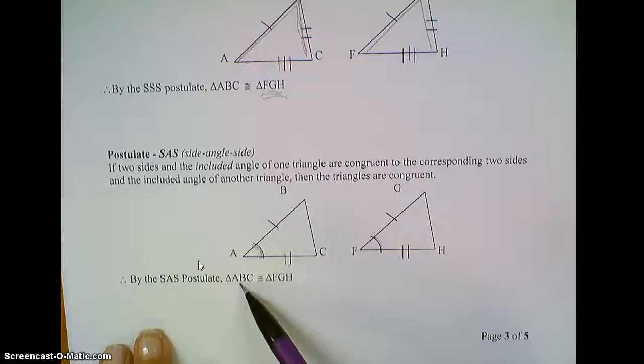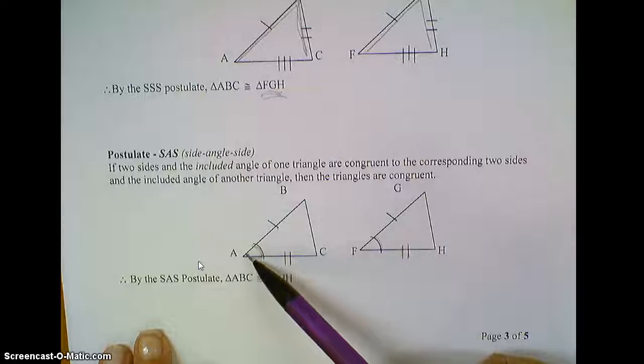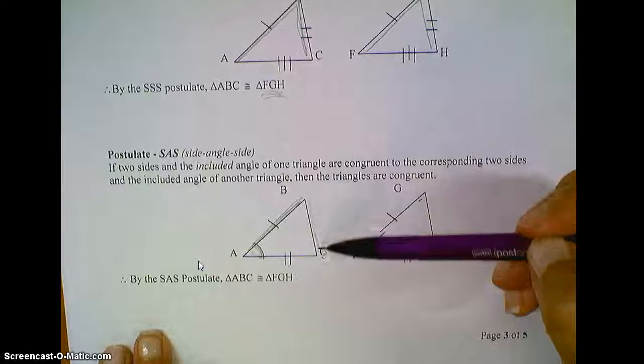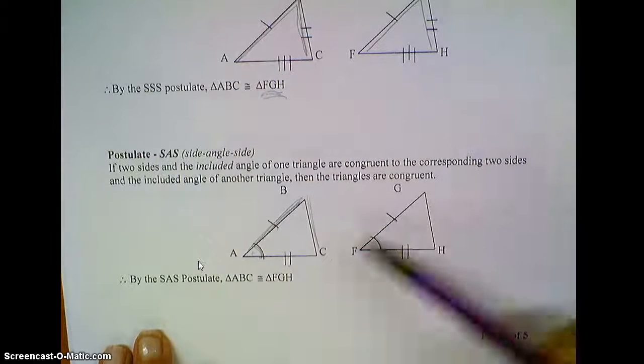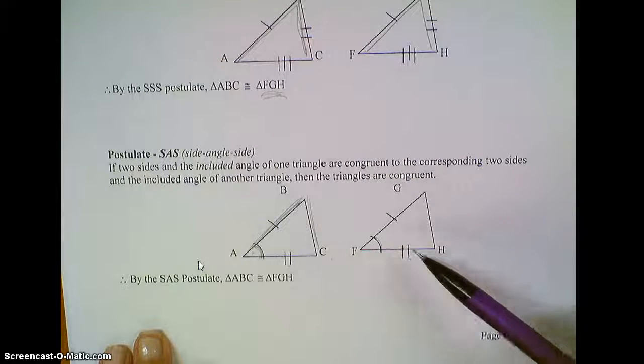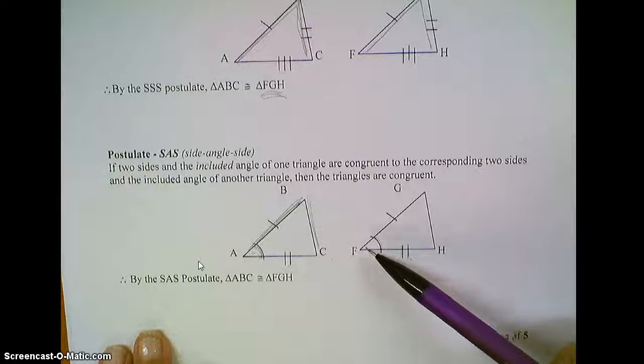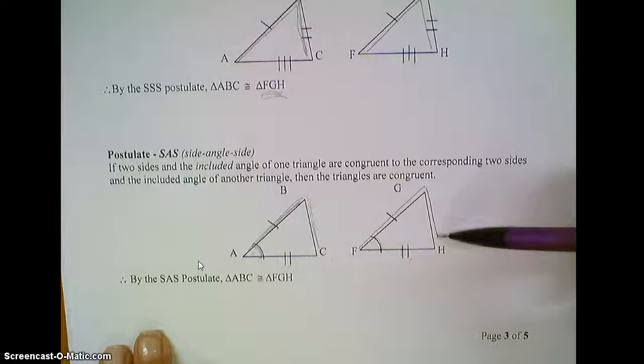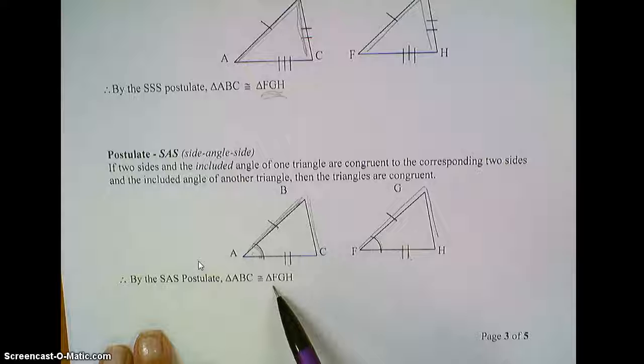So if we follow ABC, you start at the congruent angle, cross the single side, cross the side that's not marked. Following the same pattern over here, start at the congruent angle, cross the single side, cross the side that's not marked, and that will give you triangle FGH.